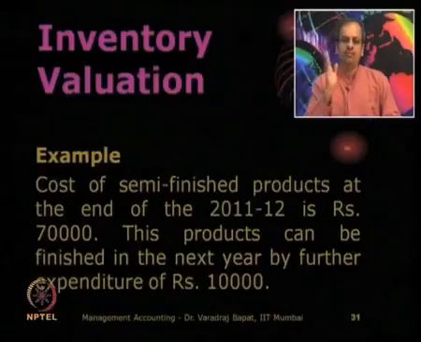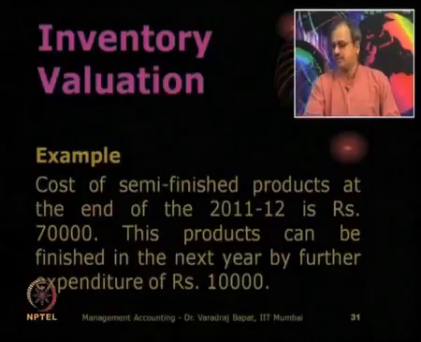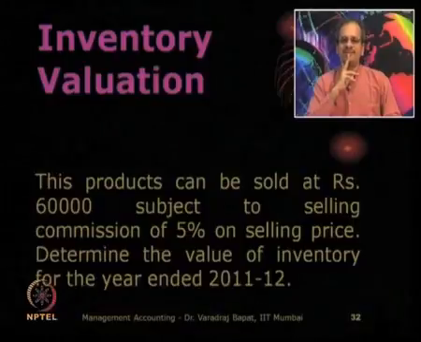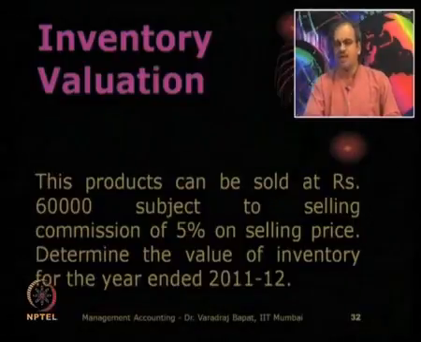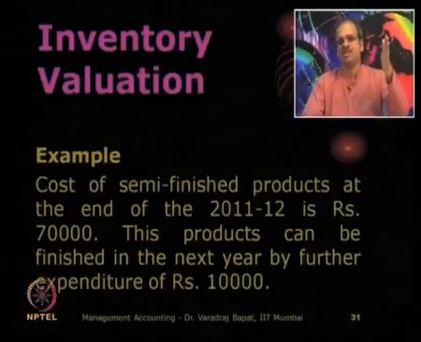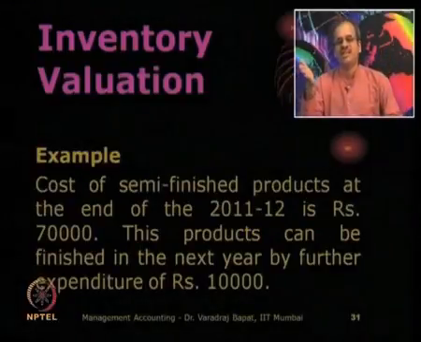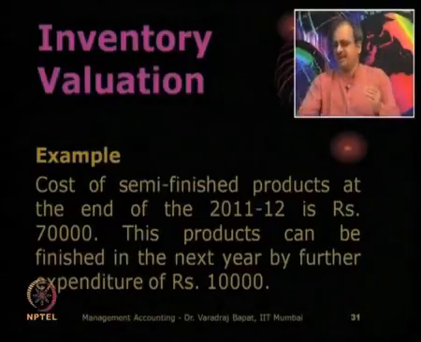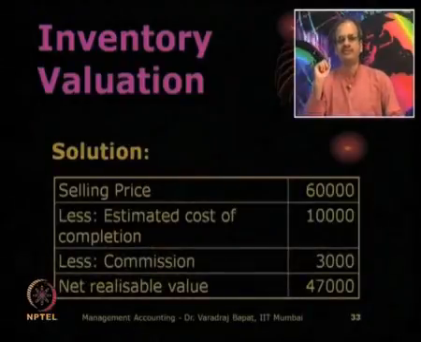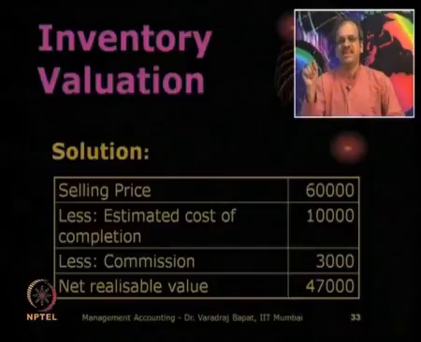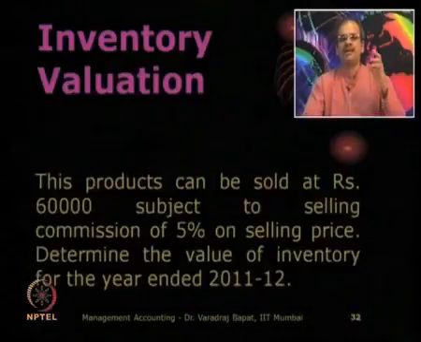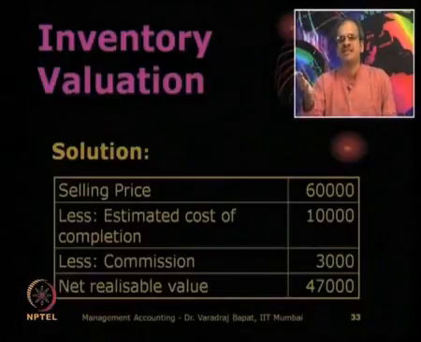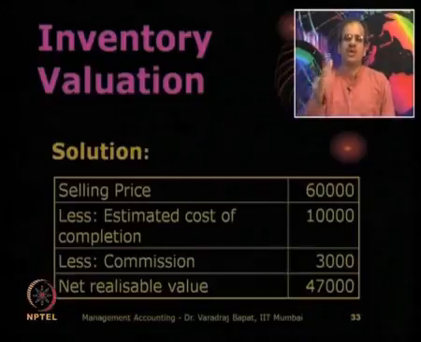Let us look at it again. You have the data of both now, cost as well as market prices. So think over what will be the value of inventory. What is the rule of valuation? The rule of valuation is cost or net realizable value, whichever is less. So let us first calculate the cost and net realizable value. How much is the net realizable value? It is given in the problem that the selling price is 60, but I have to incur 10,000 rupees as an extra cost to complete the product.